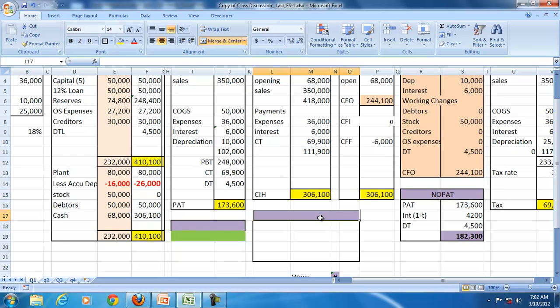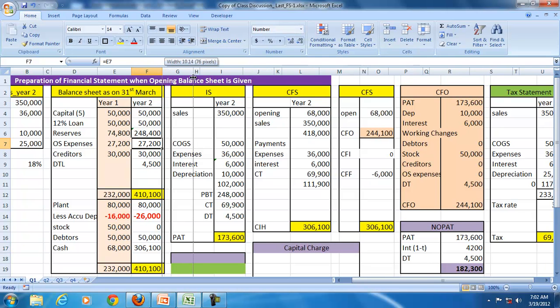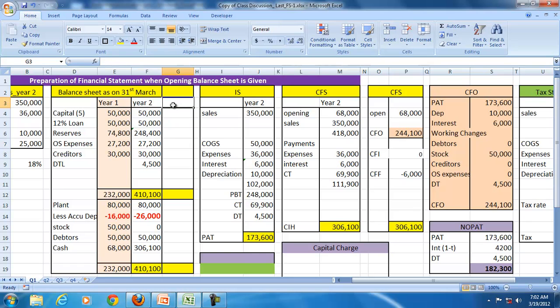The NOPAT is used to compare with the capital charge, and in order to find the capital charge, it is necessary to prepare an economic balance sheet. An economic balance sheet is a variation of the accounting balance sheet, and let me write it down as EBS. In this case, the capital is no different.